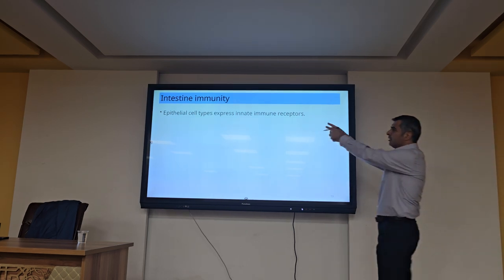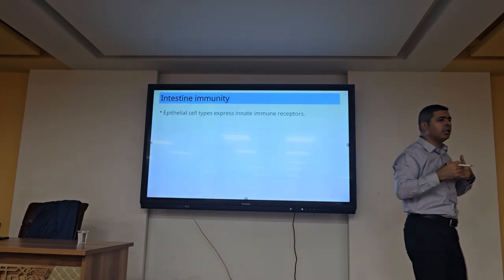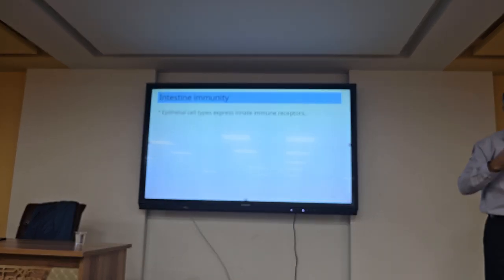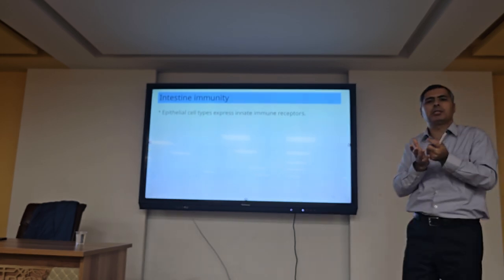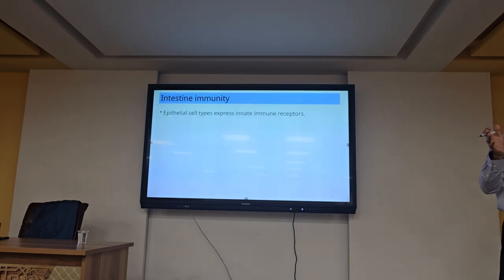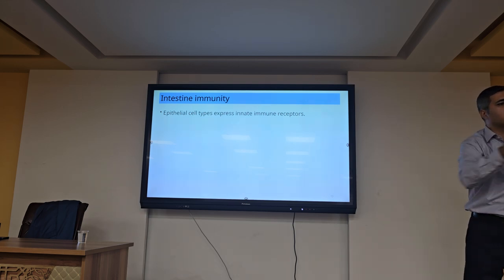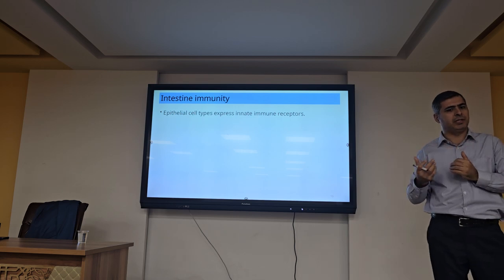So the epithelial cells and macrophages will produce pro-inflammatory cytokines. The pro-inflammatory cytokines activate a process which is called inflammation. And as a result of this process, inflammation, the other cells will come to the site of infection.